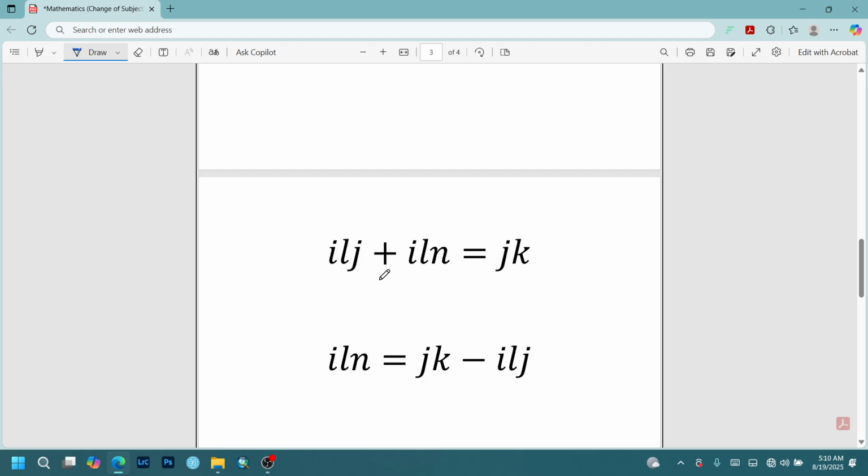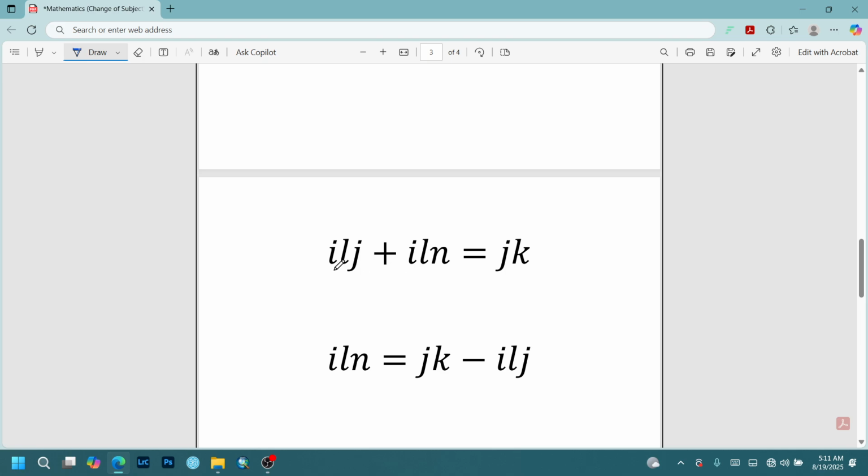And ILJ is also a positive number. So because it is a positive number, it definitely has to cross the equal to sign. And whenever a number crosses the equal to sign, it will change its form, right? It metamorphizes into a new form.